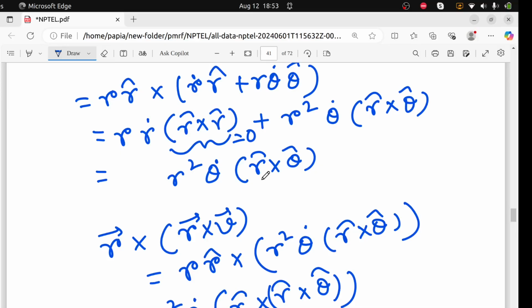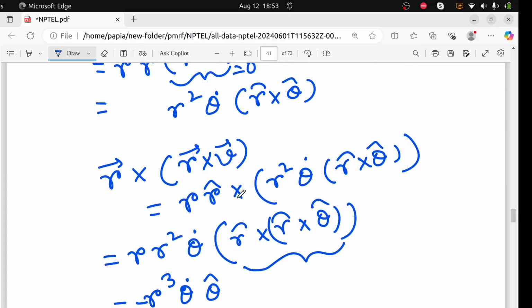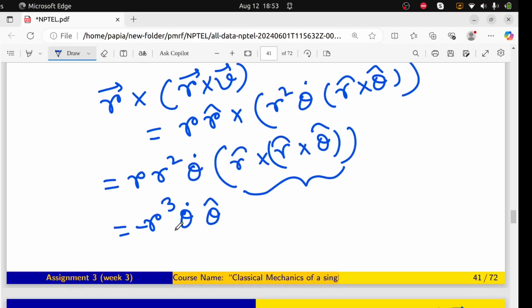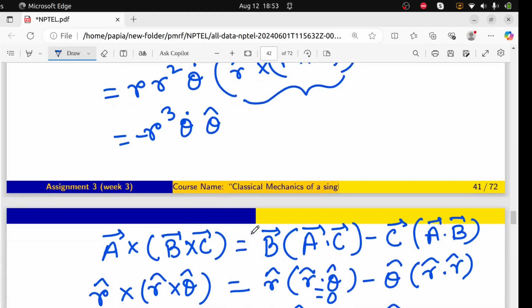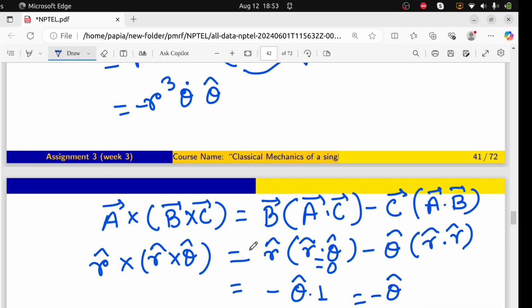So the answer is r cap cross r square theta dot r cap cross theta cap. So r square theta cap, r cap plus theta cap. So it is like minus r cube theta dot theta cap. Why minus is there? Because I just explained here, a cross b cross c is b, a dot c minus c, a dot b. If I put r cross theta, it is like r dot theta minus theta r dot r.